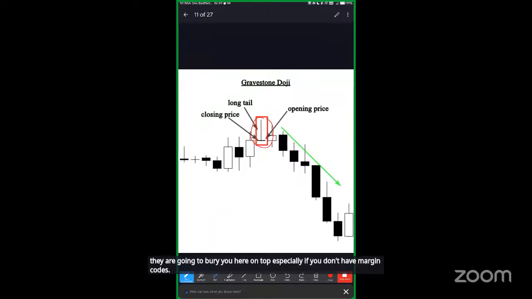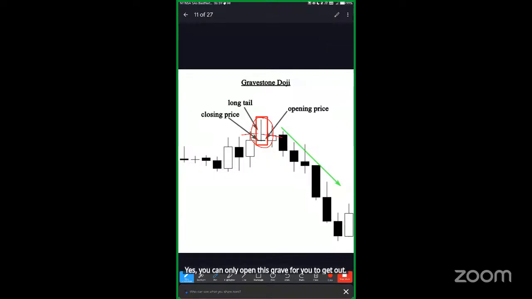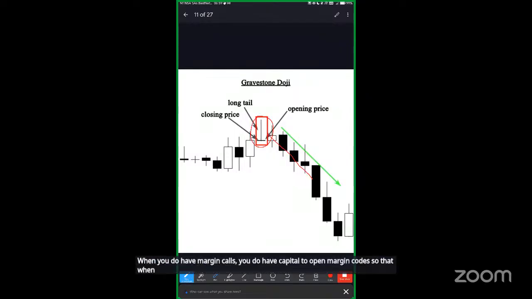Especially if you don't have margin calls. Yes, you can only open this grave to get out when you do have capital to open margin calls, so that when the price goes down, you are able to buy at different levels with your robot, bringing the average price closer to the current price.